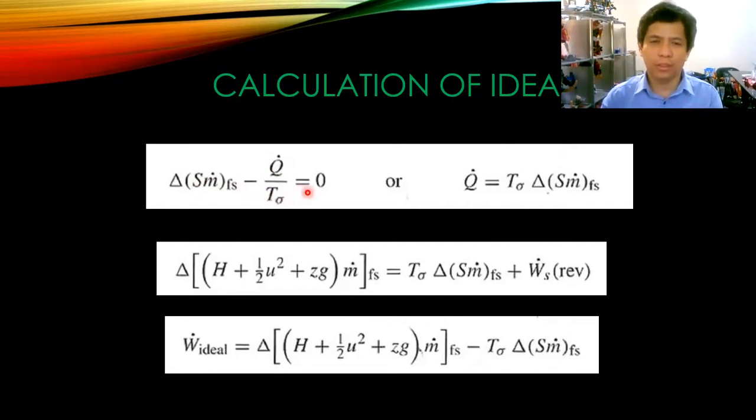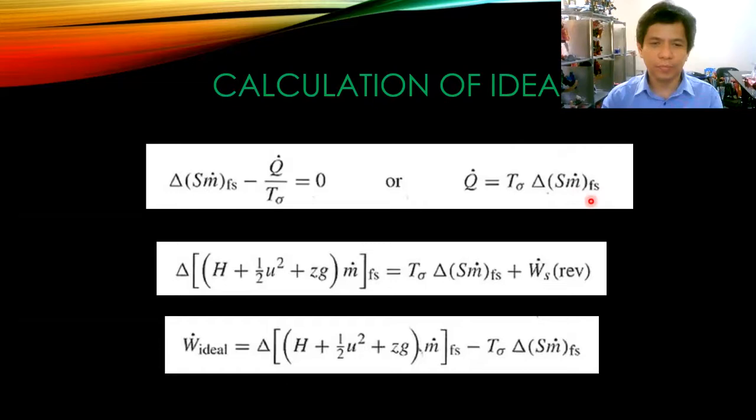This happens when the process is reversible. If you isolate Q dot from this equation, by transposing the second term to the right, and then transposing T surrounding to the right, we have Q dot is equal to T surrounding times delta S, or delta S M dot Fs.